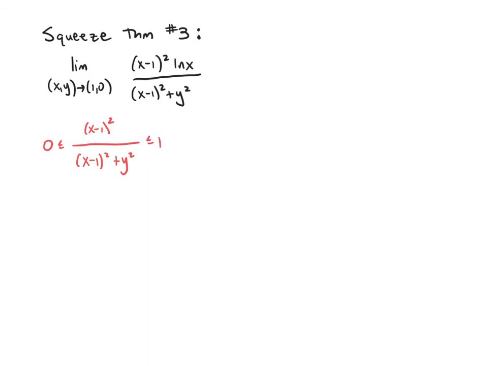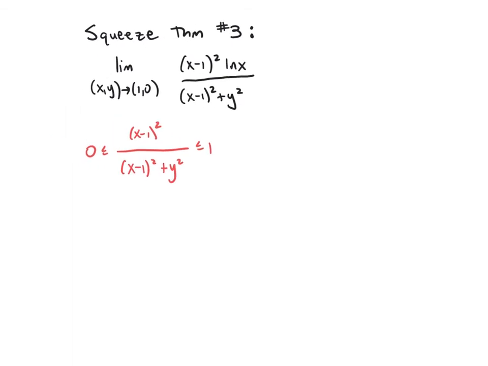So we're going to take that and multiply it by the natural log of x. And so we have 0 is less than or equal to the original function that we're evaluating, and the natural log of x.